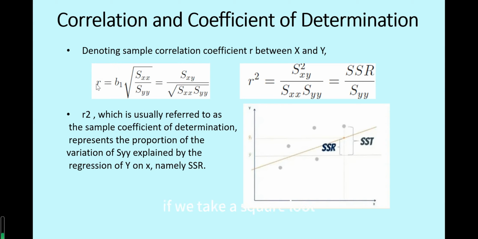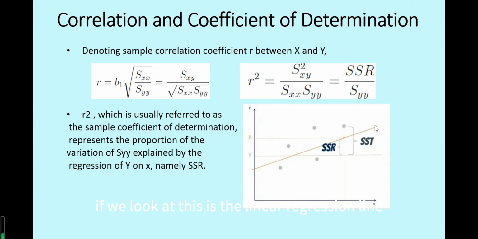If we take the square of this R, in the linear regression aspect the value is SSR divided by SYY. What is SSR? SSR is the y variation explained by the linear regression model.